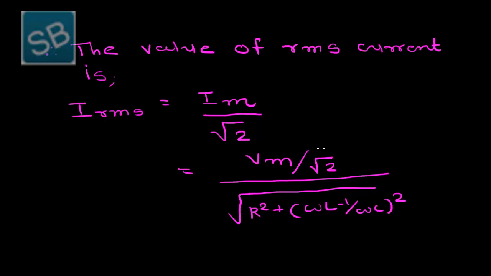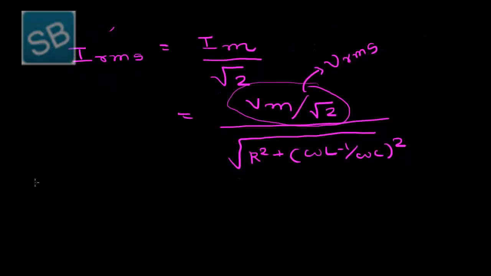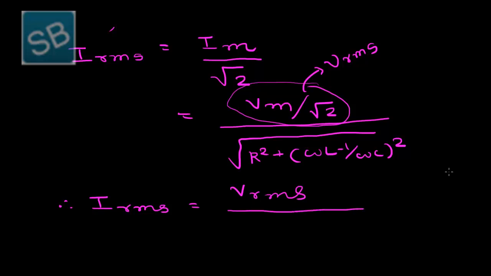Now, if you remember, the RMS voltage was given as Vm upon root 2. So the numerator is nothing but the RMS voltage, and hence we can say that the RMS voltage and RMS current are related by this equation.